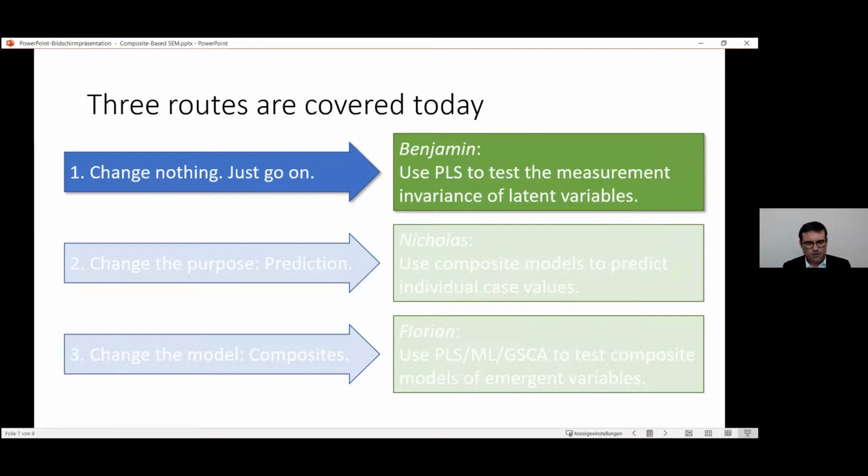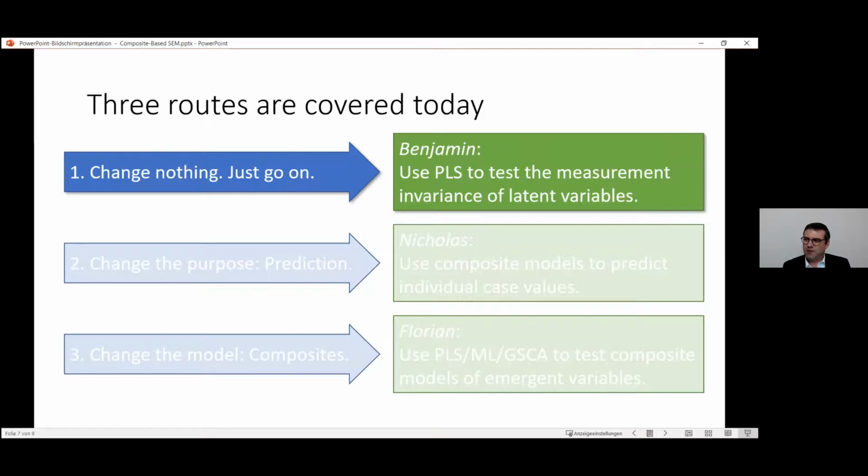Nevertheless, I was a bit doubtful when I saw the title and the positioning of your presentation, where you talk about the role of prediction in composite modeling, which sounds a bit like composite modeling is the end and prediction is the means.